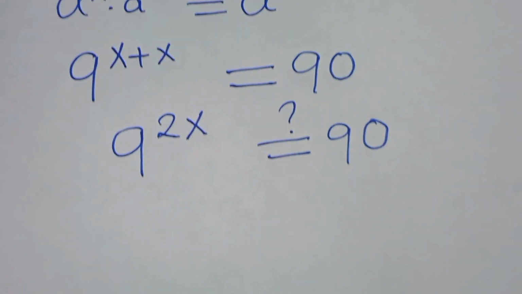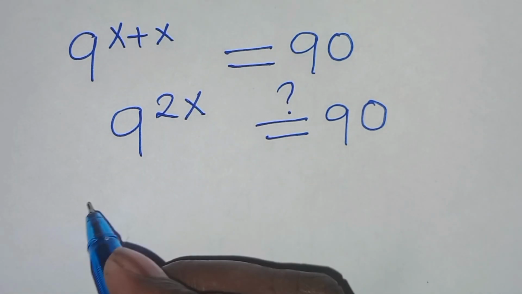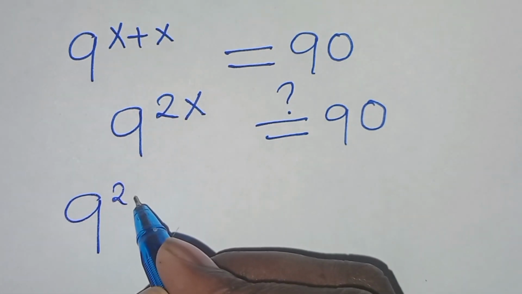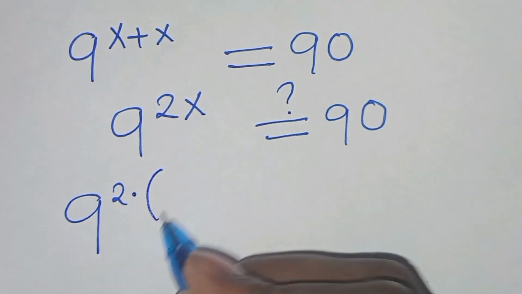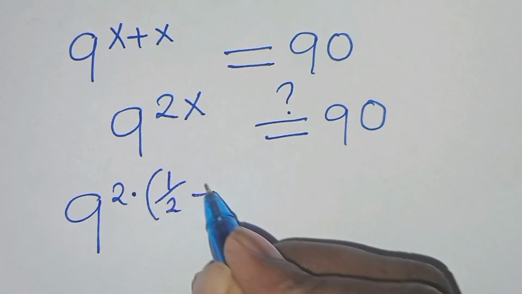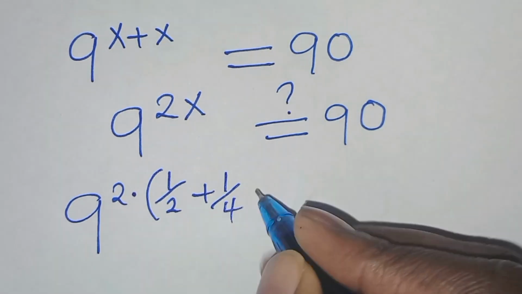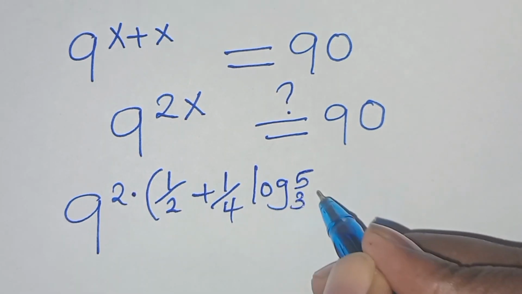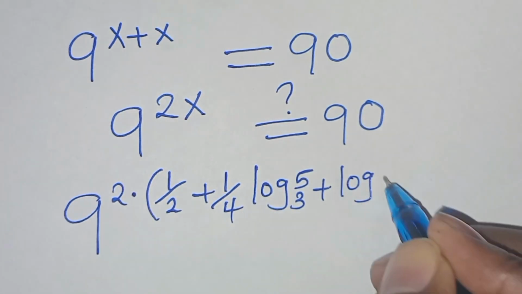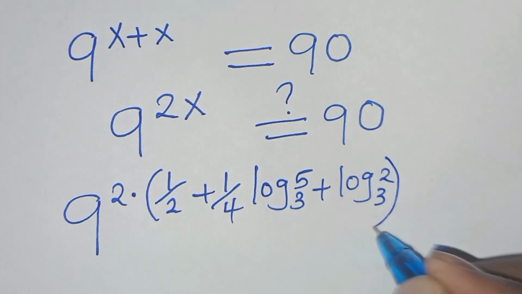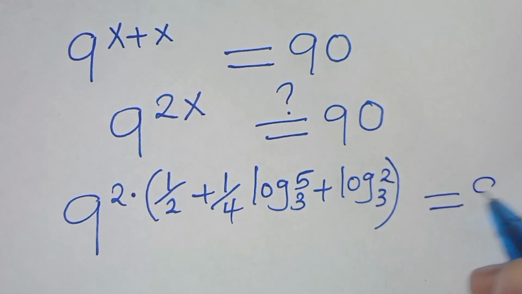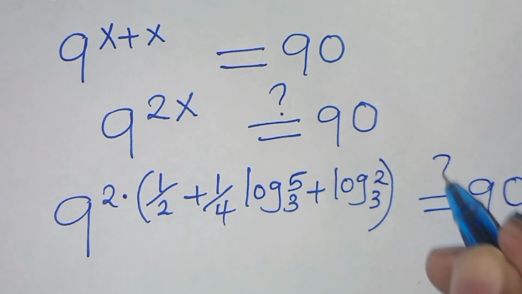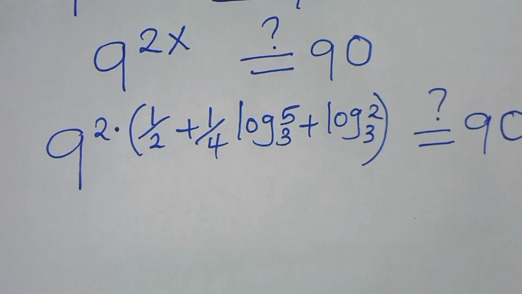Let's substitute the value of x. So here we have 9 to the power 2 times the value of x, which is half plus 1 over 4 log 5 to base 3, plus 1 over 4 log 2 to base 3. This is supposed to give us a value of 90. The next step is to simplify.